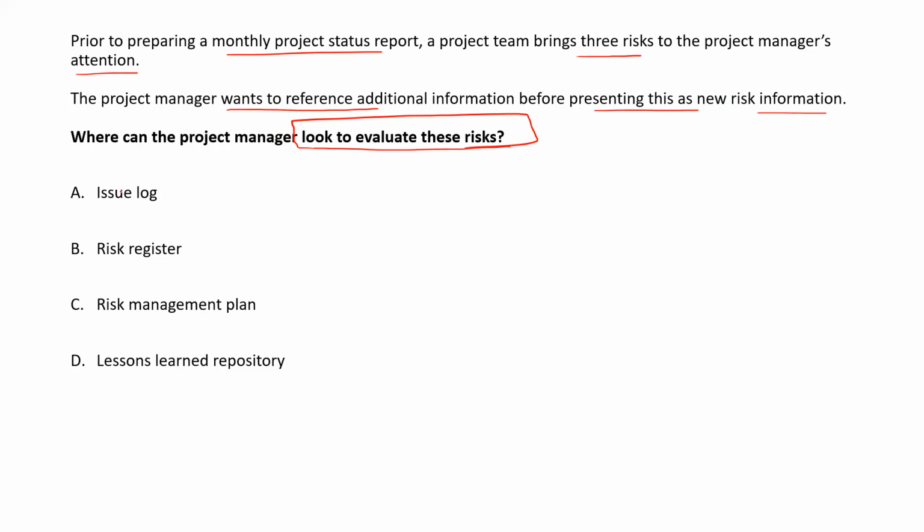When it is about risk, issues cannot be the answer, right? Because it has not converted.